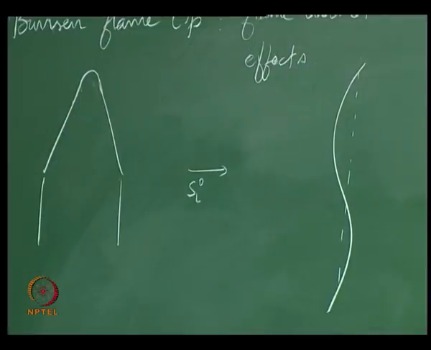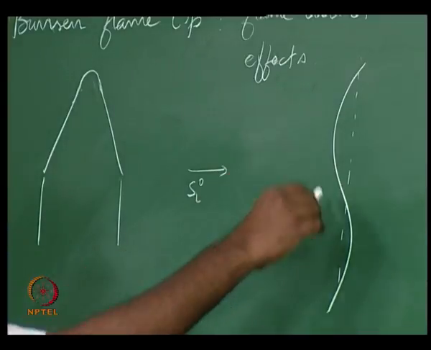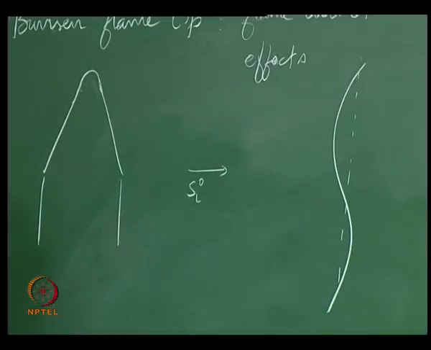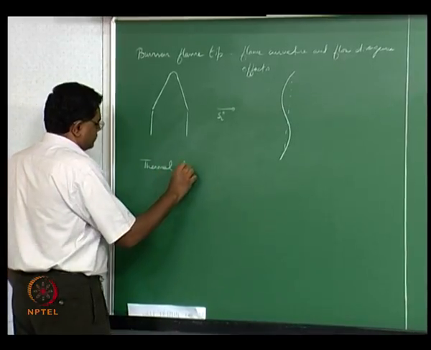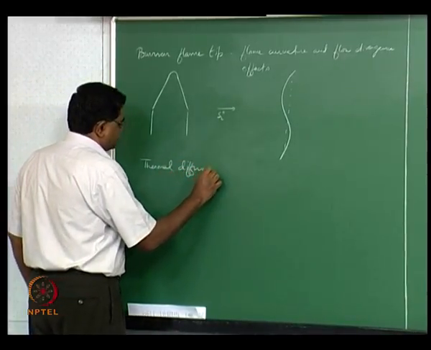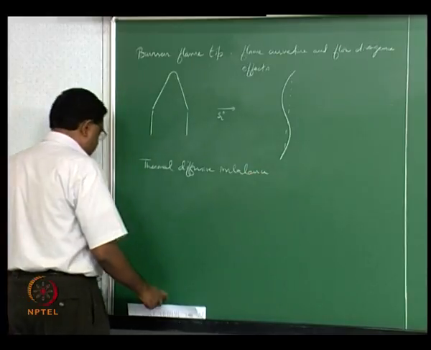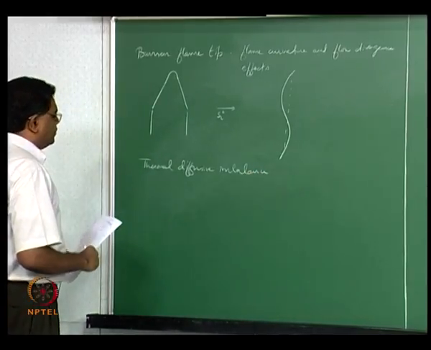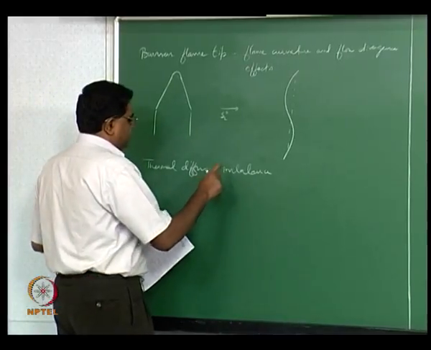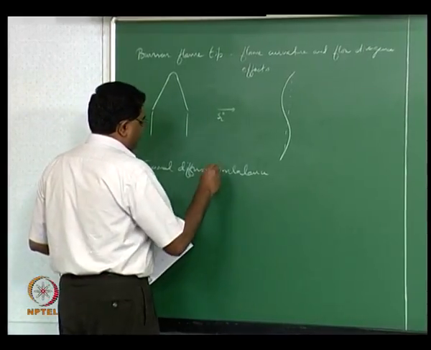What we want to talk about here is two different kinds of processes that come about when you have this kind of curvature. One is a thermal effect, and the other is a thermodiffusive imbalance, or balance, depending upon what really happens.